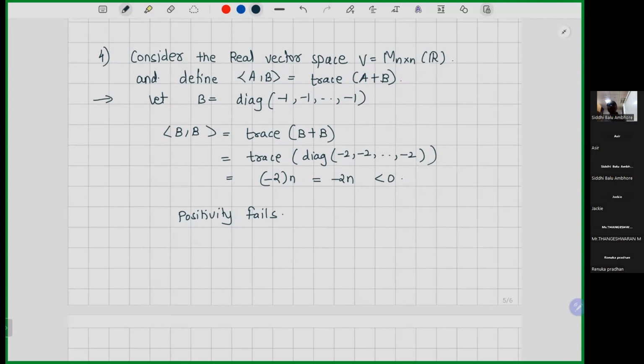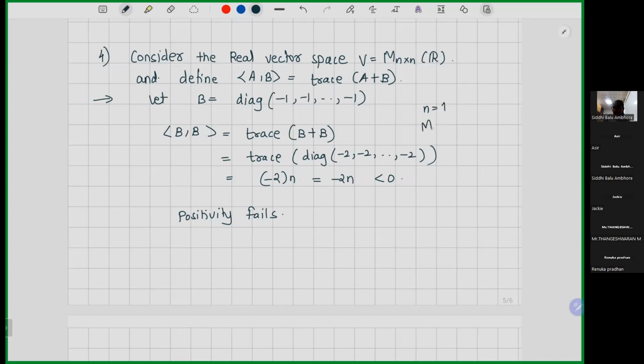Ma'am, for these questions, whether n cross n, we can take 1 cross 1 also, should we consider? Any real number as a matrix should also be considered for checking the condition. Okay, so you are saying whether n can be equal to 1.